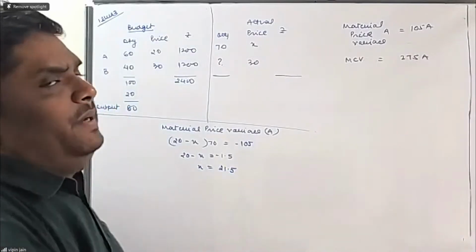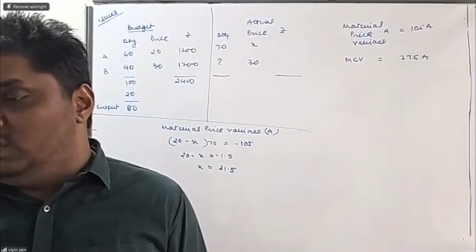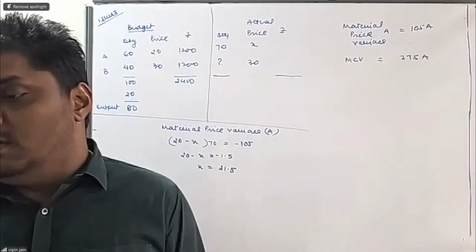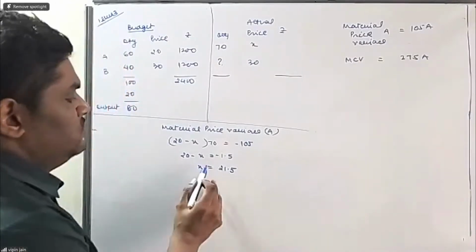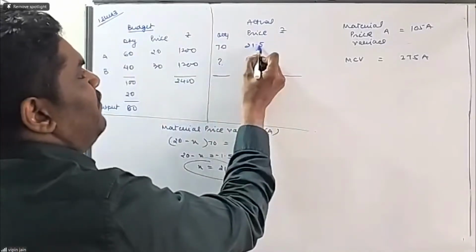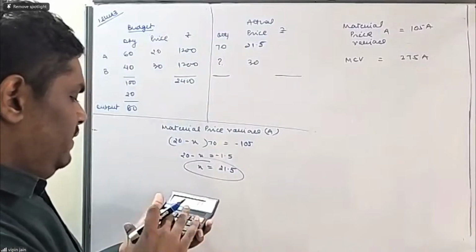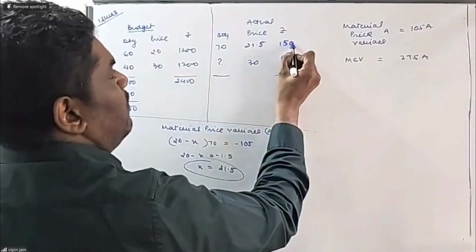So the value of X will be 21.5. If you guys have any doubts in this part, you can please post your queries. So we have calculated the price. We have got this figure 21.5. So 70 into 21.5, this figure will be 1505.